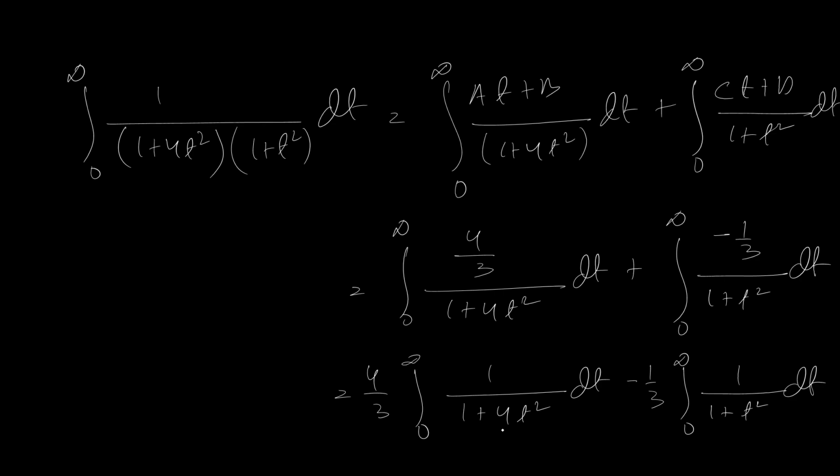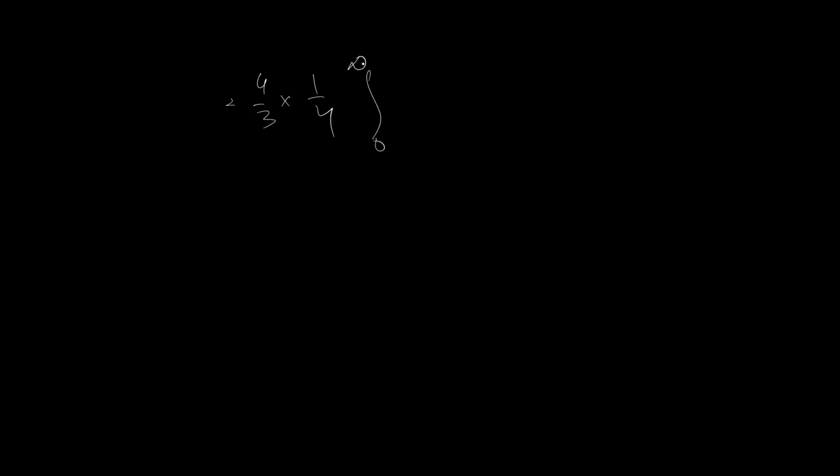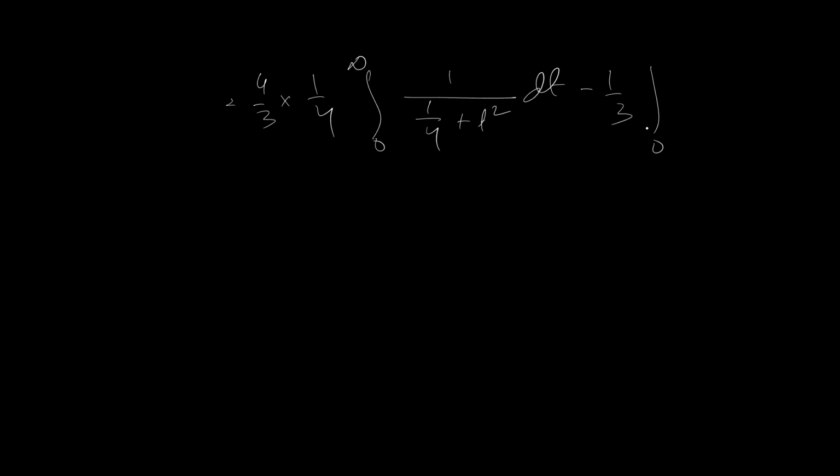So now here I will use a formula. The coefficient of t square is 4. This 4 I will have to take common. So this will be 4 by 3 into 1 by 4, this 4 I have taken common. So ultimately this becomes 0 to infinity, 1 by (1 by 4 plus t square) dt, minus 1 by 3, 0 to infinity, 1 by (1 plus t square) dt.